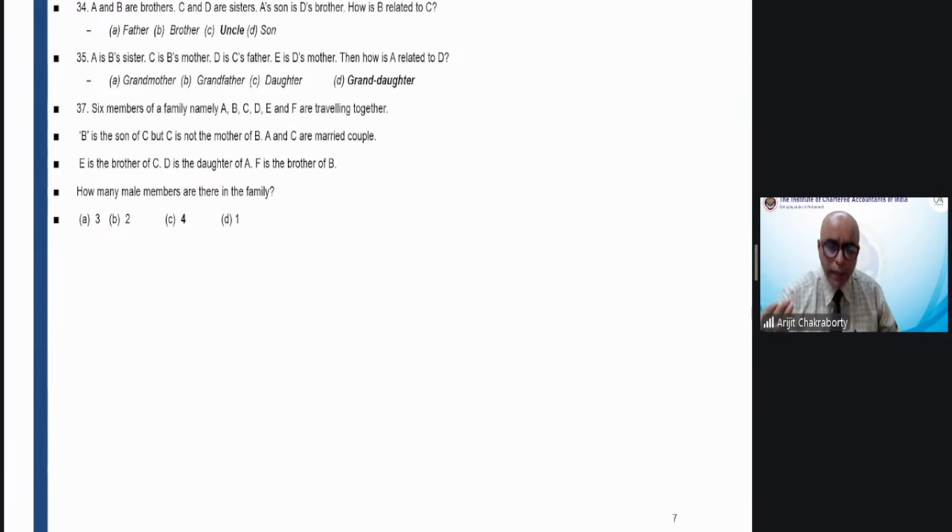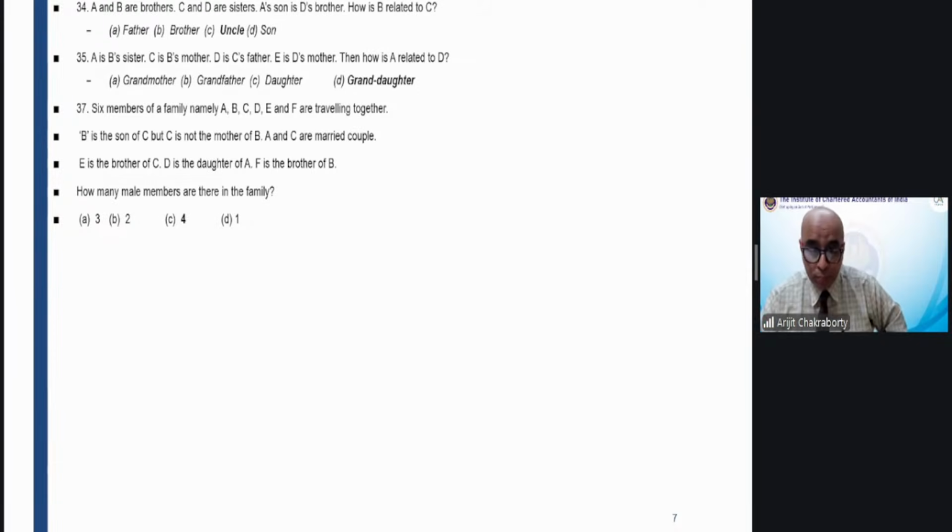Yani C and A are husband-wife. Now it is seen they have 3 children. We have D, the daughter, and they have 2 sons, B and F. इसके साथ और एक relation है, that is E is the brother of C. That means C's brother is E, yani E is also male.